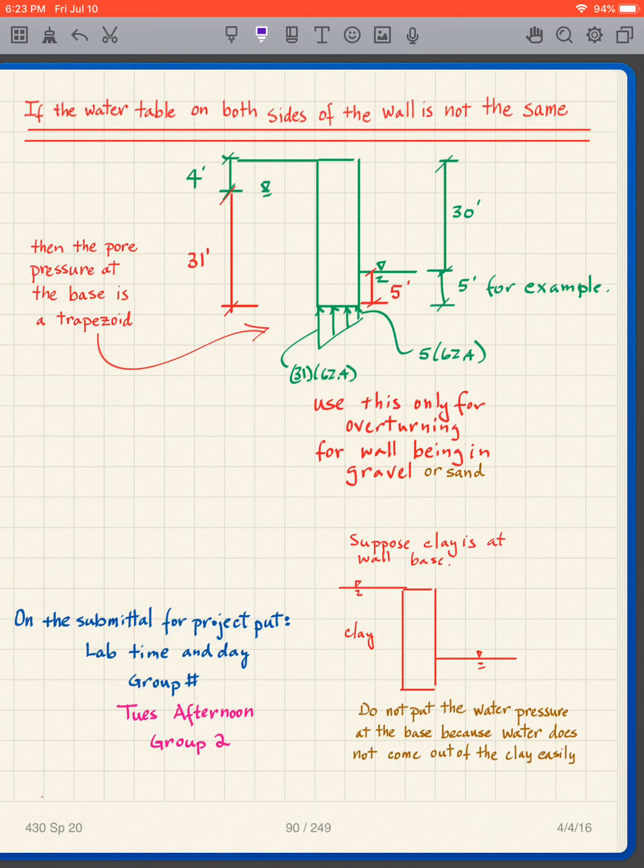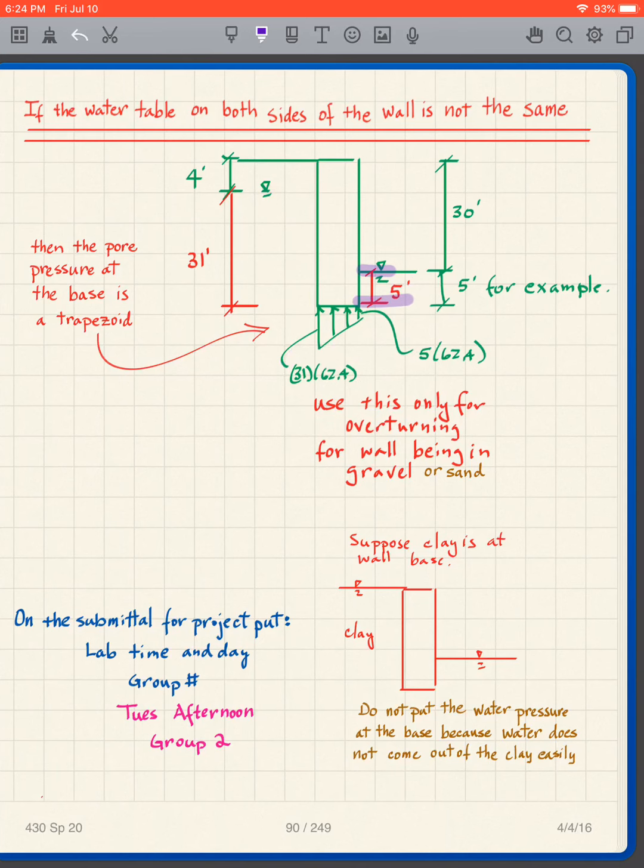Okay, I want to make a comment: what happens if the water table on both sides of the wall is not the same? In other words, what if the water table is here, over there, and over there it's there? Well, it's a little more complicated problem, but for our purposes, we're going to do a little simplification. Let's say this is 5 feet here. So I'm going to take the water pressure there as 5 times 62.4. We're doing English units. And then this distance here is 31, so that's going to be 31 times 62.4.